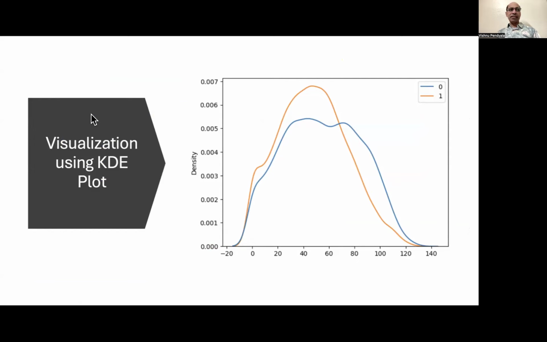So we also visualize the data using kernel density estimate plots. KDE plots provide a smooth estimate of the probability distribution of a data set. They offer insights into its underlying structure, particularly with respect to the skewness and multimodality and things like that. The KDE plot here shows overlapping distributions for the two classes, indicating large regions where the two classes are not distinctly separated.